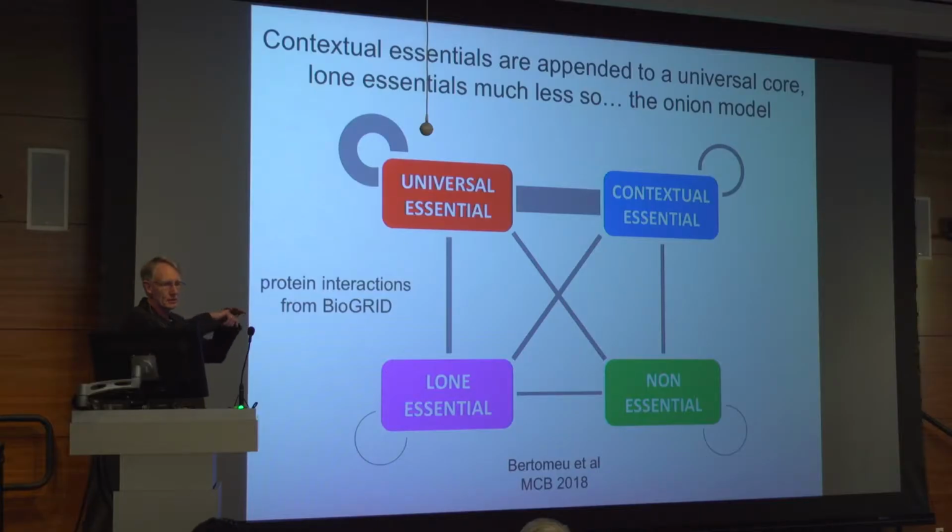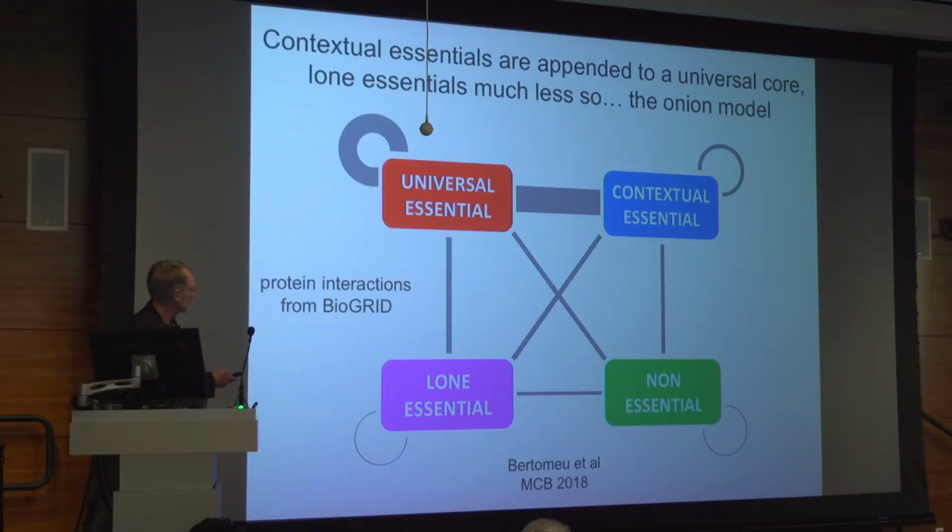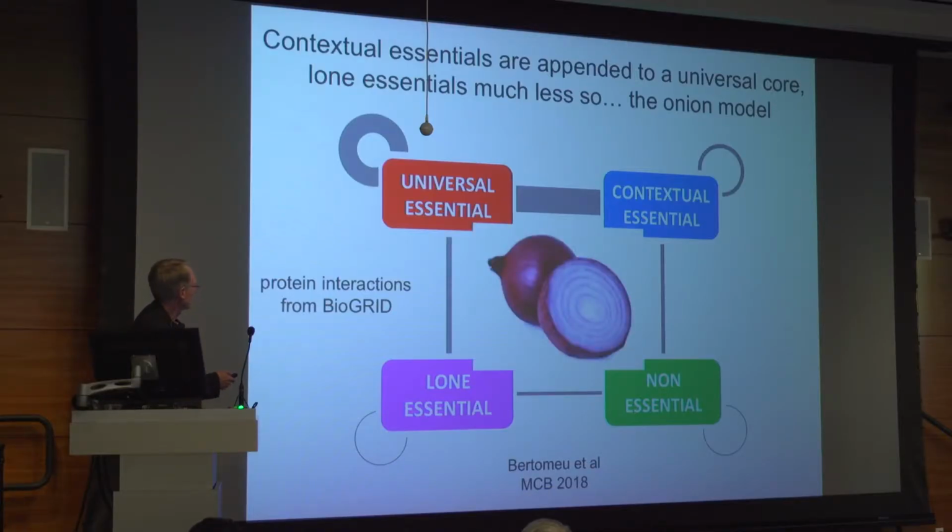Those tend to interact very tightly with this universal essential core, and structurally, they're essentially the outer subunits of these protein complexes. So there's a structural and evolutionary component to this organization that the genetics has revealed. And again, there's many, many more contextual essentials than there are universal essentials. So we call this the onion model for obvious reasons.